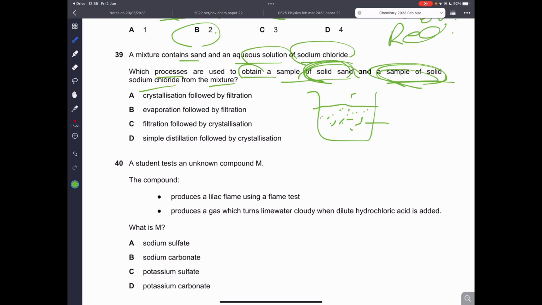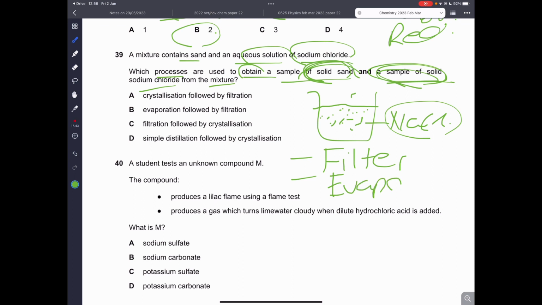And it is inside a solution of sodium chloride. And so to remove the sand, we would simply use a filter funnel. So we'll use filtration. We'll filter it, and so we get the solid sand. The other thing is to get the solid sodium chloride, we just have to evaporate it. Evaporation, which is basically crystallization. And therefore, C is the correct answer.